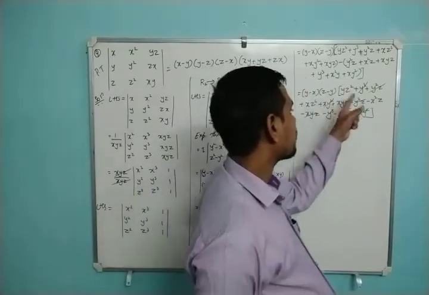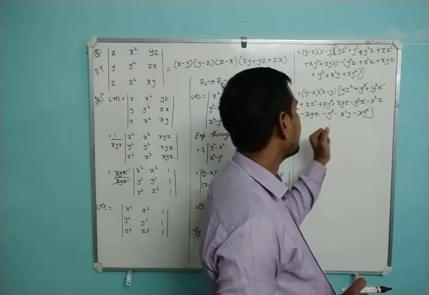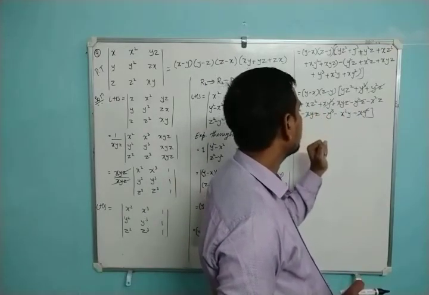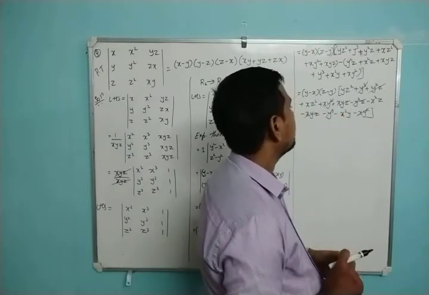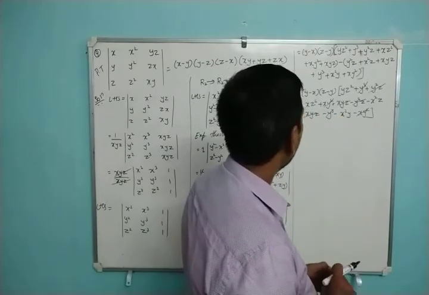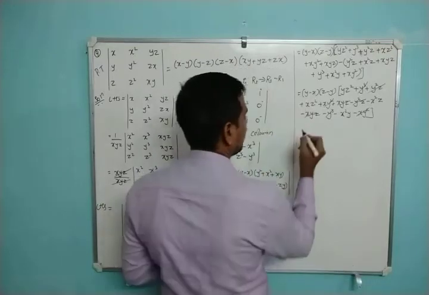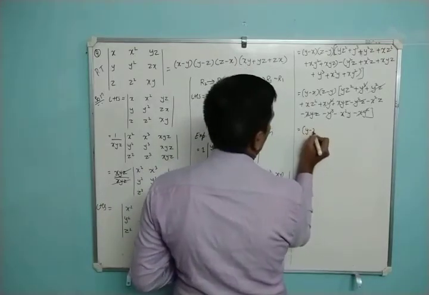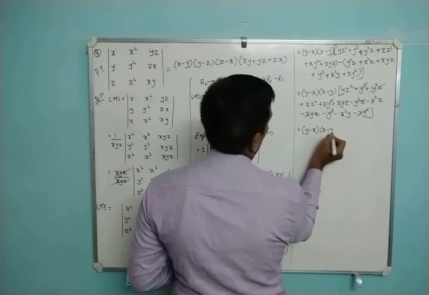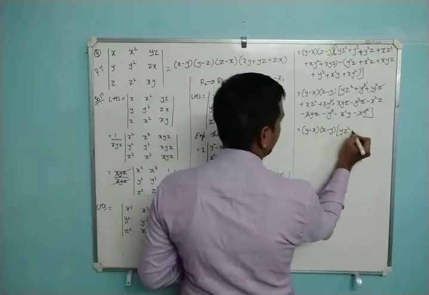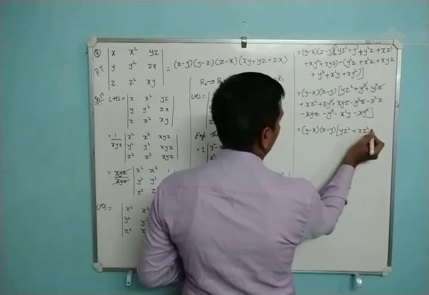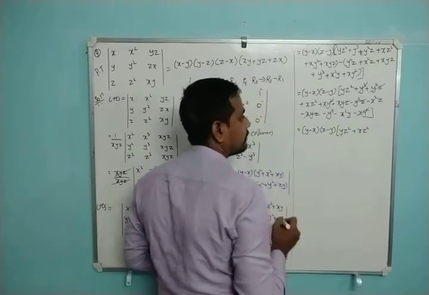So yz square we don't have anywhere, right? Then xz square we're not having it anywhere, right? Then x square z and x square y. So this is nothing but y minus x into z minus y into yz square plus xz square, right?